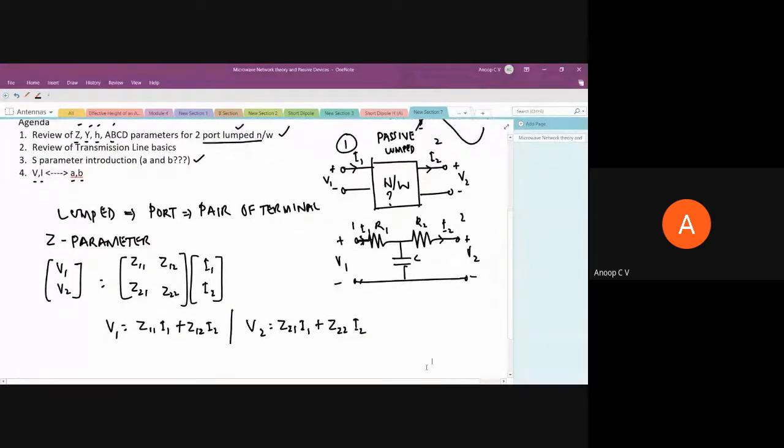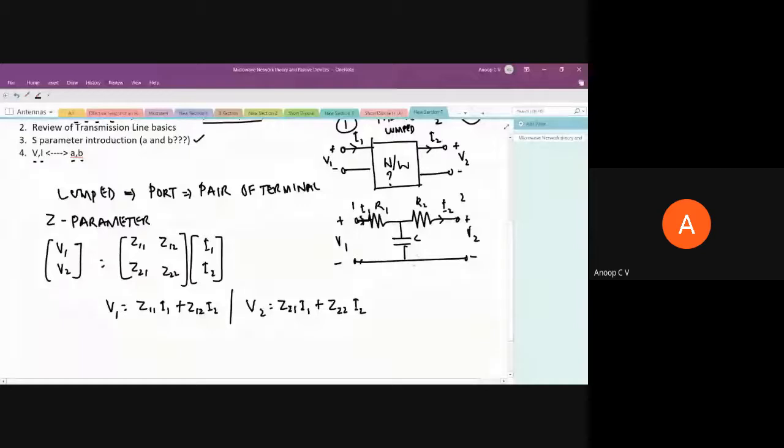If you want to describe this network using its Z parameters, I should tell what Z11, Z12, Z21, Z22 are.